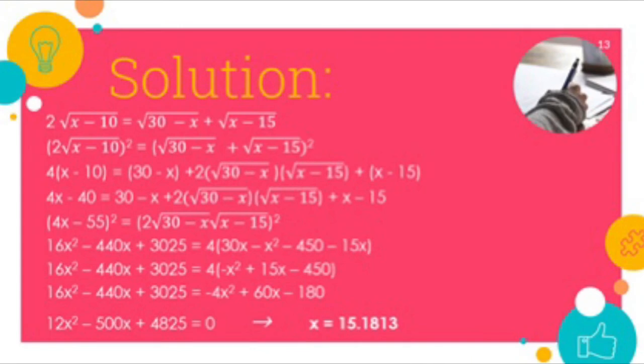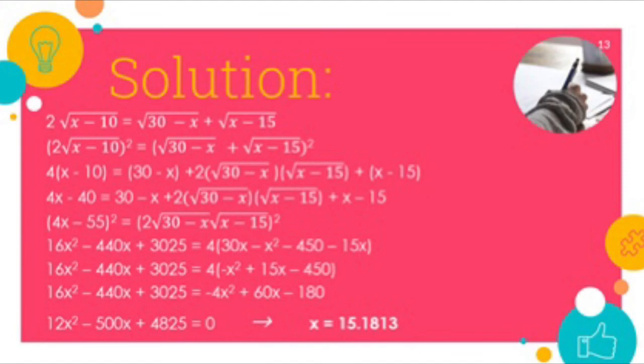Now we are going to solve for X using the combined flow rate we have mentioned earlier. Flow rate 1 squared is equal to flow rate 2 squared plus flow rate 3 squared. For the equation, 2 square root of X minus 10 is equal to square root of 30 minus X plus square root of X minus 15.